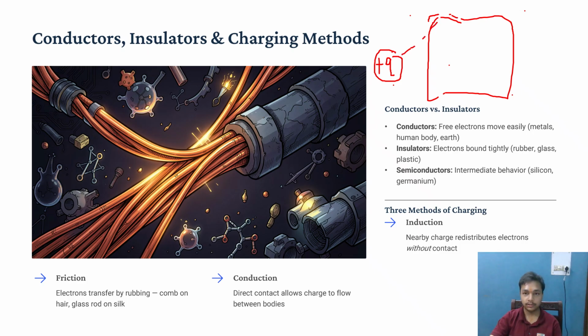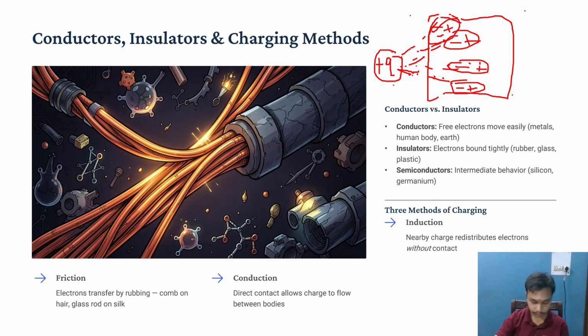Let me show you more clearly. Something like this would happen. So this gets distorted in this shape.